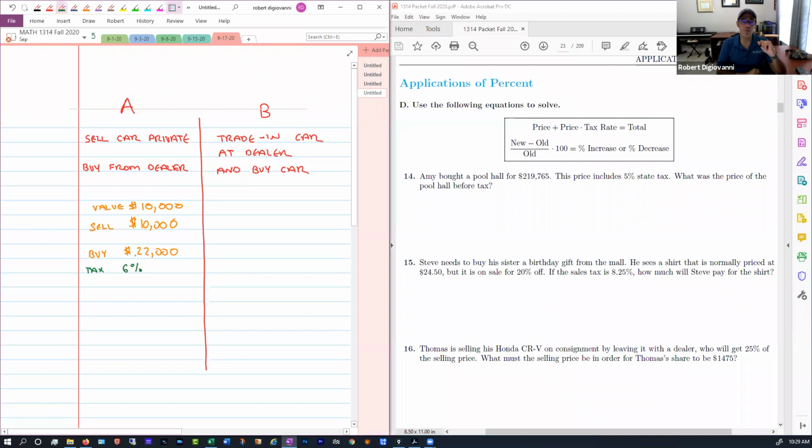Let's figure out real quick how much we're going to pay in just the taxes for this car. The total equals price plus price times tax rate, and all we're looking at is this piece. Just like the property tax problem, we're going to look at the price times the tax rate. Just that one piece is the taxes that we're paying for the vehicle.